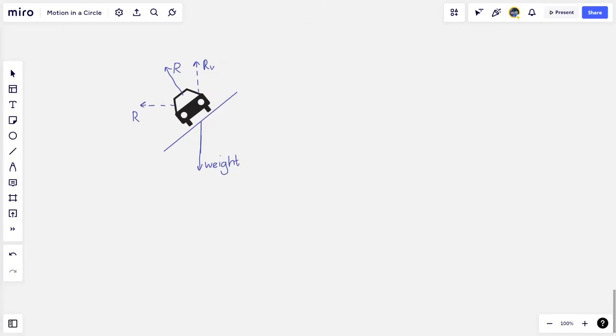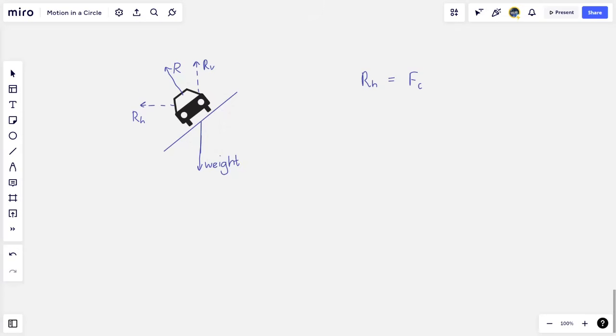We'll call this RH, and if the center of the circle is toward the left, then it is purely the force RH that is responsible for the circular motion and is hence the centripetal force. So the component of the normal reaction force that is pointing towards the center of the circle in this case is the centripetal force, and that's RH. And there are no other forces that contribute to the circular motion.